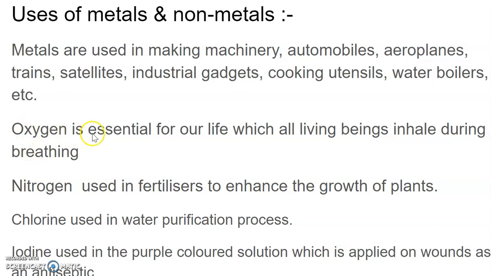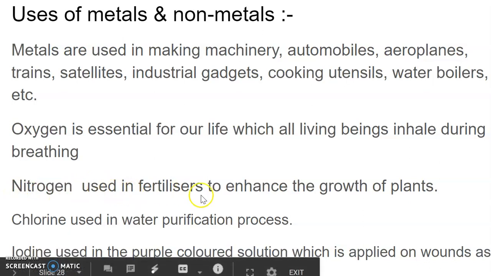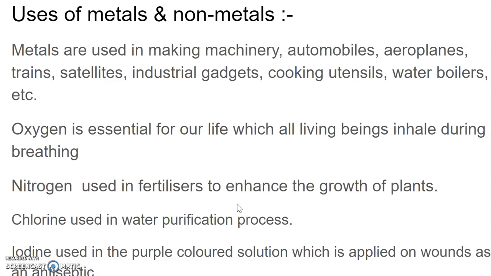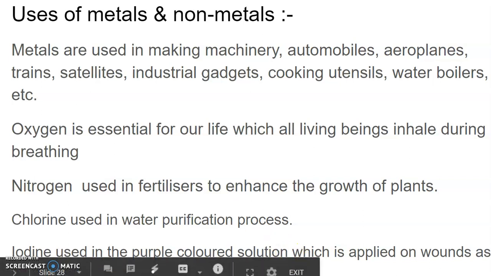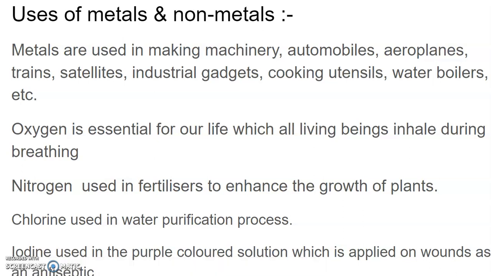Oxygen is essential for our life, which all living beings inhale during breathing. Nitrogen is used in fertilizers, which we have already studied in chapter number 1, to enhance the growth of the plant. Chlorine is used in water purification processes. Iodine in the purple colored solution is applied on wounds as an antiseptic by doctors, right?